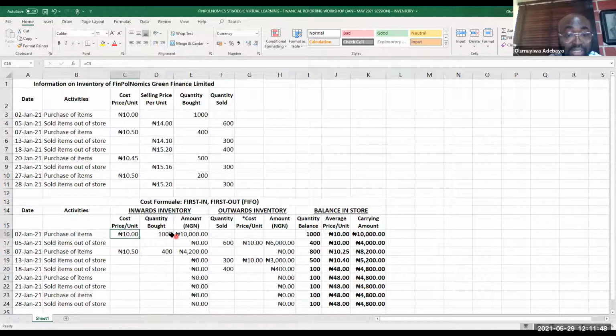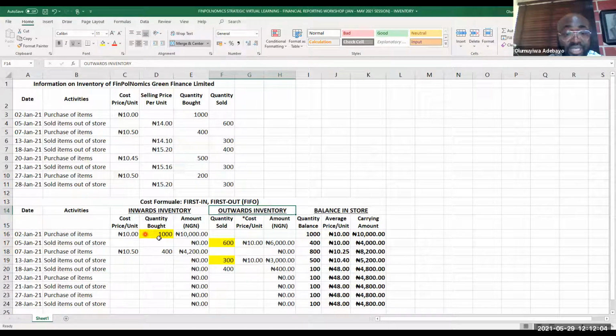Remember, this 1,000 was sold out in ranges of 600 and 300, which means there's 100 left from there. Plus this 400 is what makes up the 500 we have.